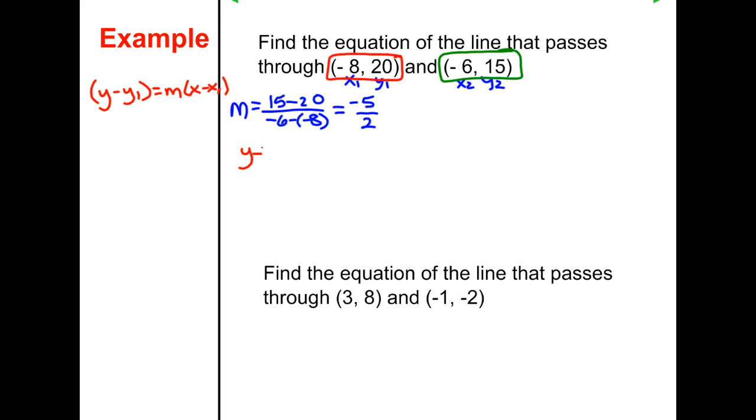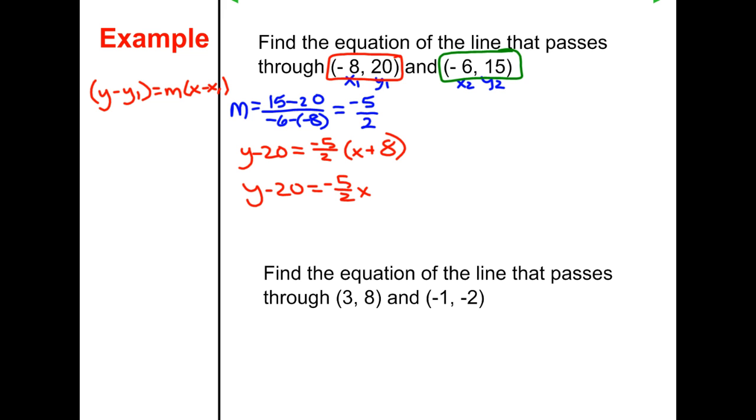So we get y minus 20 equals negative 5 halves times x plus 8, because it's minus negative 8. All right, now we multiply through, so y minus 20 equals negative 5 halves x.